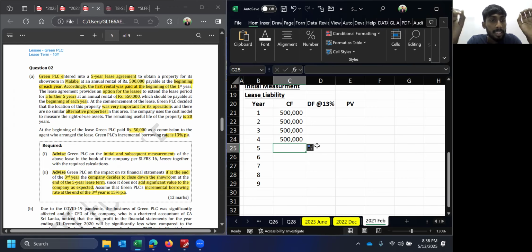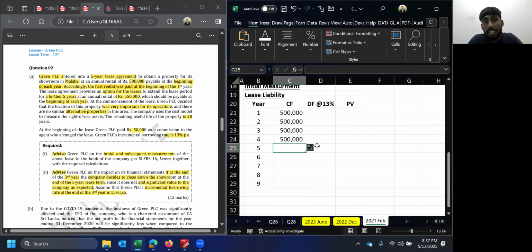Then the lease agreement provides an option for the lessee to extend the lease period for a further 5 years, at an annual rental of 550,000, payable at the beginning of each year. Now, that is for the second period. For the second 5 years, we have to pay 550,000, payable at the beginning of each year in that extending period.